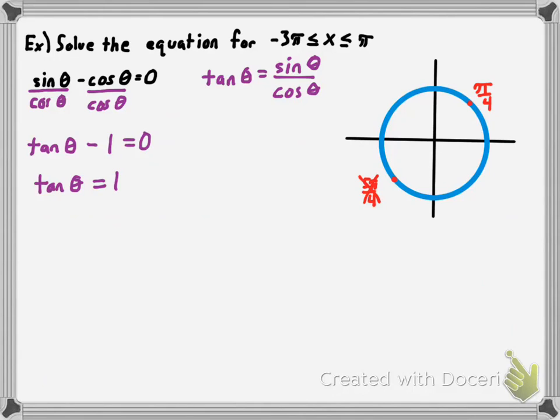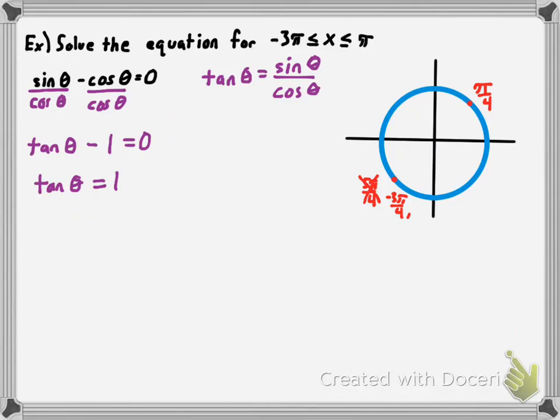We're also not going to be able to use anything bigger than 5 pi over 4, so there's no reason to add 2 pi to find any coterminal angles there. However, it does make sense to go ahead and subtract 2 pi. If I subtract 2 pi from 5 pi over 4, that's 5 pi over 4 minus 8 pi over 4. I get negative 3 pi over 4. Well, negative 3/4 pi is within our domain, isn't it?